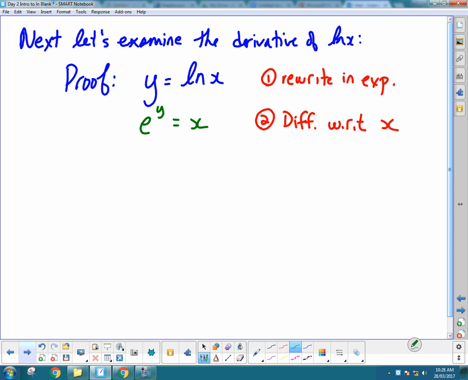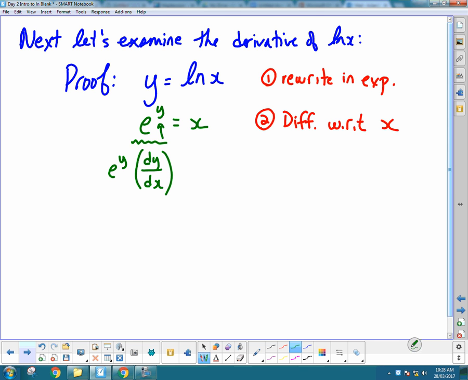First things first, derivative of the left side, e to the y. Well, I know the derivative of e to the anything is e to the anything. So the derivative of e to the y is e to the y, except I am differentiating with respect to x, and this variable here is y. When I have that, I have to add this little caveat afterwards, dy by dx.